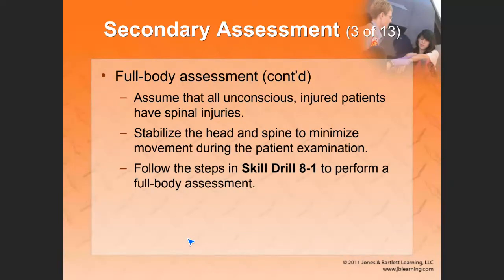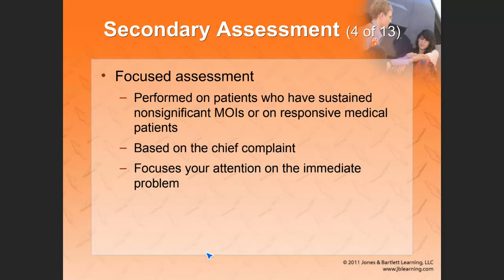Now, assume that all unconscious injured patients have spinal injuries. Stabilize the head and spine to minimize movement during the patient examination. We'll show you how to do that to some extent. Now, the focused assessment.